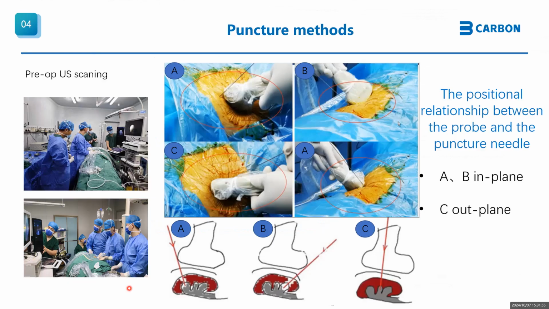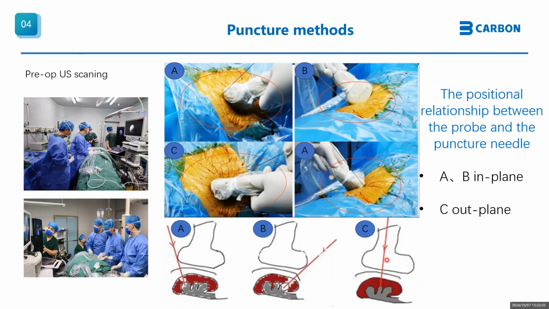Mostly doctors use in-plane puncture, and some doctors also choose the out-plane puncture. From this picture we can see in-plane means puncturing from the two sides of the probe. In this way we can see the needle the whole time entirely, from the beginning to the reach of the calyx.